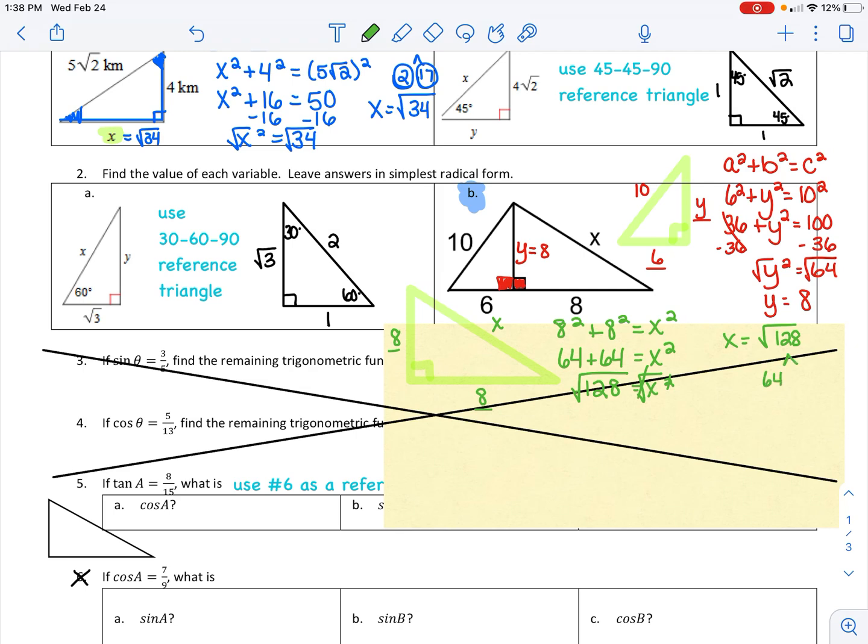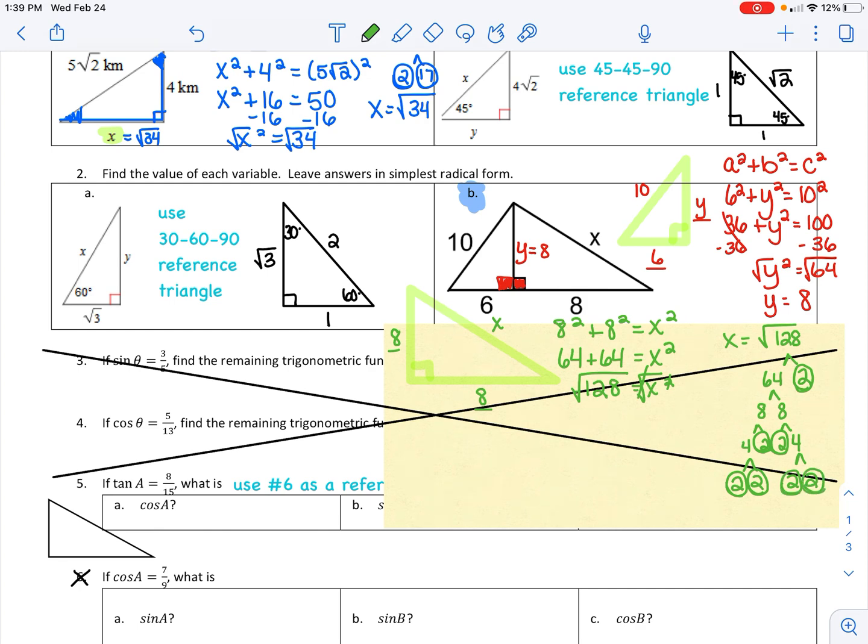I'm going to say 64 times 2. 2 is prime. And then I'm going to break 64 down. Let's do 8 and 8. We can still break those 8s down to 4 and 2. The 2s there are prime, but the 4 is not, and that can also be broken down to 2 and 2.